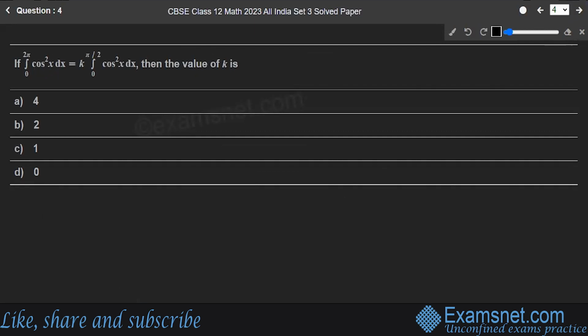The integral from 0 to pi of cos square x dx is equal to k times the integral from 0 to pi by 2 of cos square x dx. Then what is the value of k? Actually, this is a pretty easy question. You are given the integral from 0 to 2 pi of cos square x dx, equal to k times the integral from 0 to pi by 2 of cos square x dx.